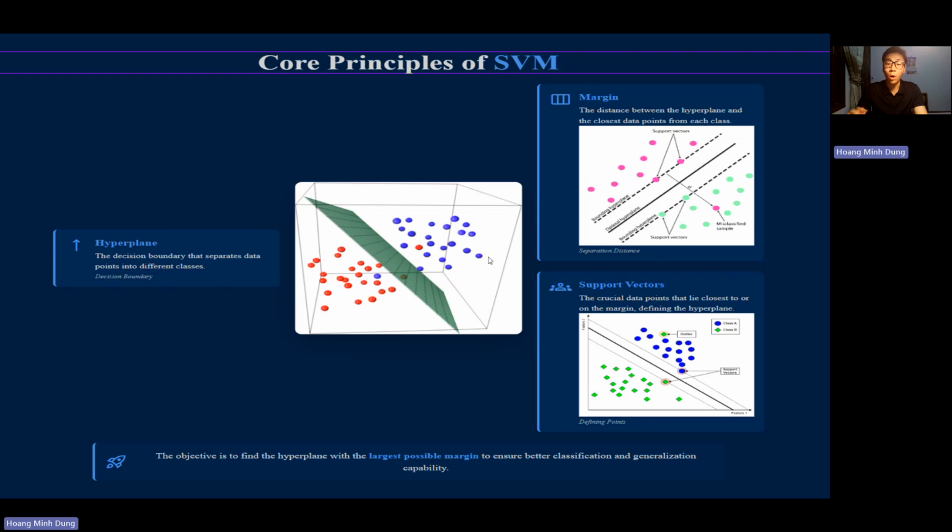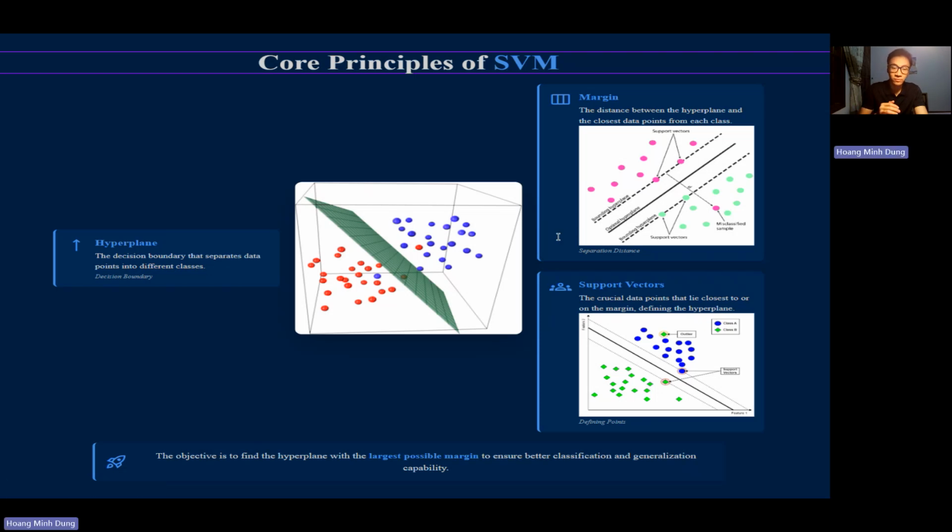So we talk about the core principle of support vector machines. This slide illustrates the core principle of an SVM. The hyperplane is the decision boundary itself, which separates the data into classes. The margin is the distance between the hyperplane and the closest data point from each respective class.